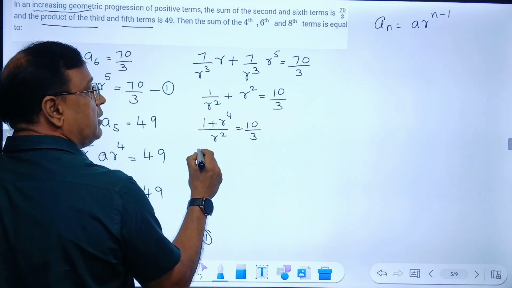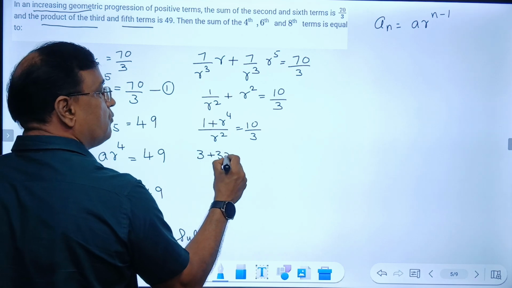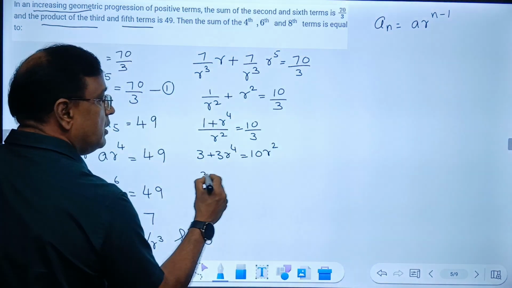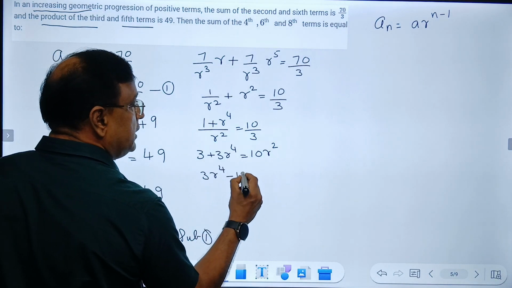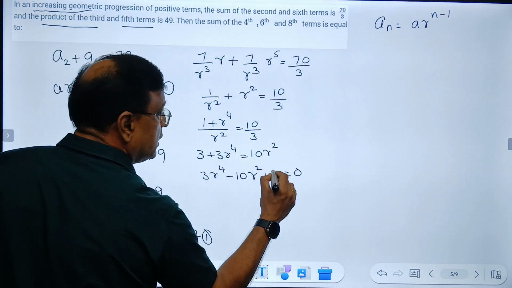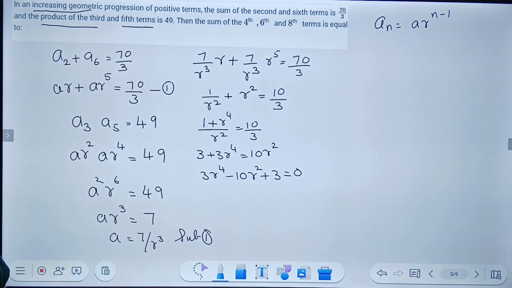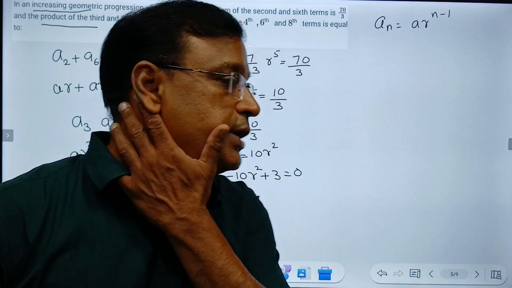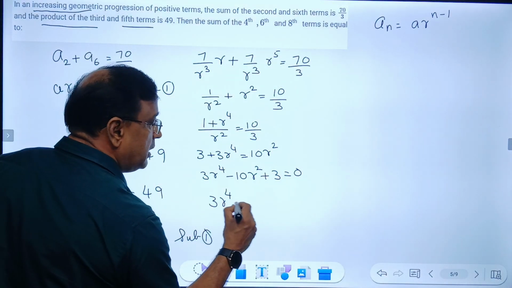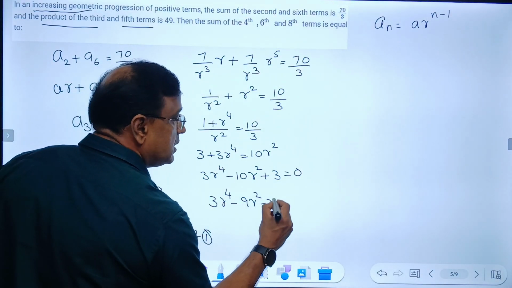Upon cross multiplying, I get 3 plus 3r power 4 equal to 10r square. So you get a biquadratic equation: 3r power 4 minus 10r square plus 3 equal to 0. I want to factorize this. How do I factorize? You can split the middle term: minus 9r square minus r square.